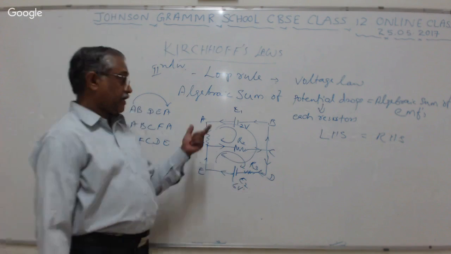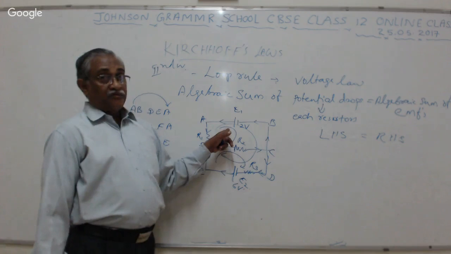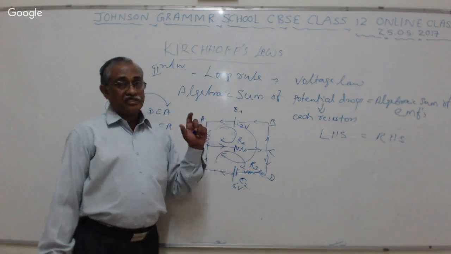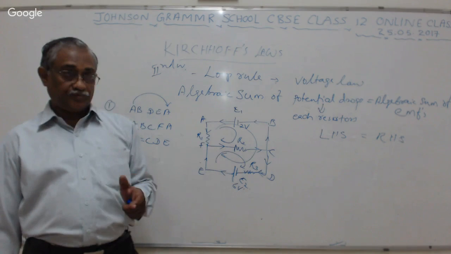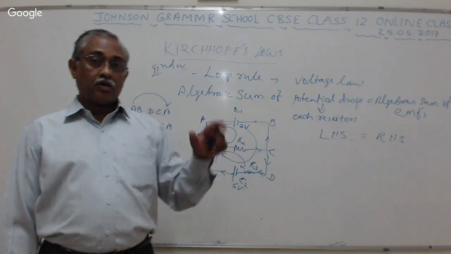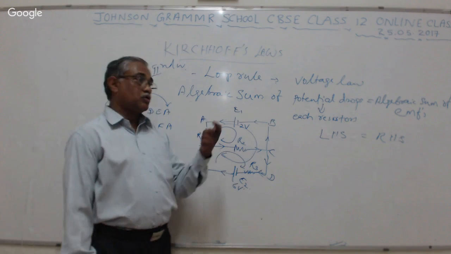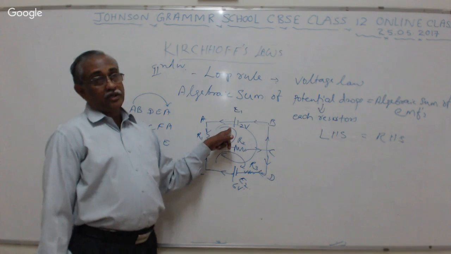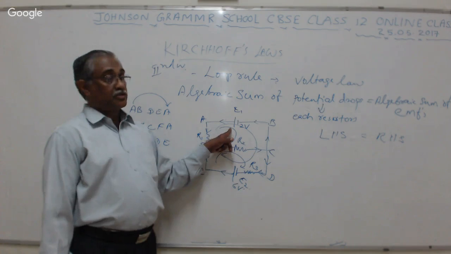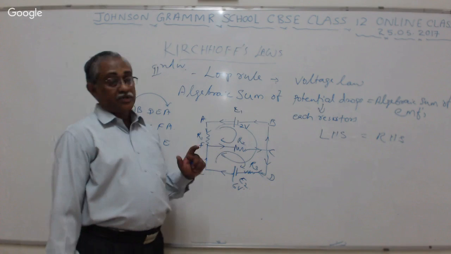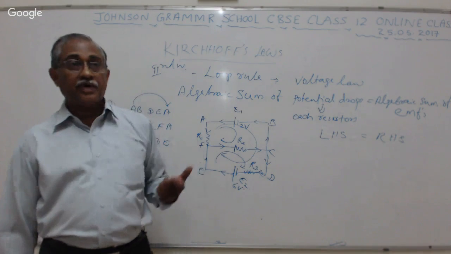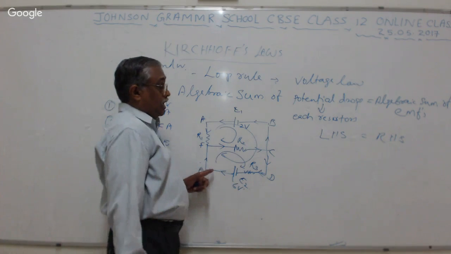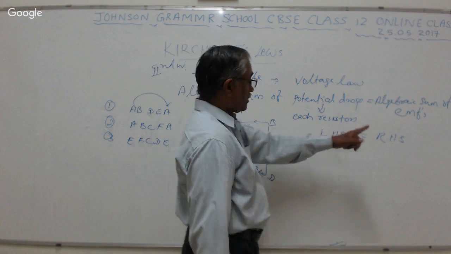Again, I will tell you, if you have taken a direction in the same direction of current flow, whether a circuit clockwise or anti-clockwise, then give positive value for the potential drop. In case you have taken opposite to the direction of current, then you take negative value for that. Similarly, the RHS is the EMF.